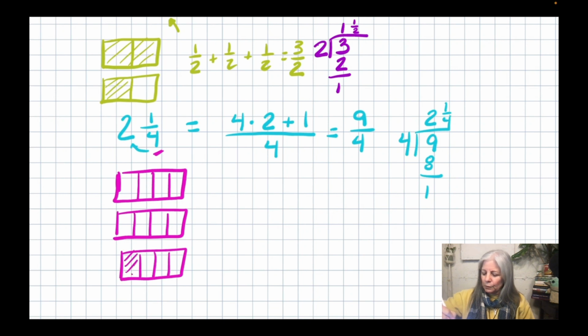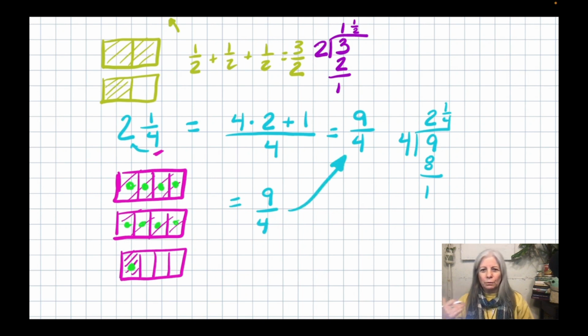So it's 2 wholes plus 1/4. So you can count off all these pieces and you're going to see, let me go ahead and highlight them. 1, 2, 3, 4, 5, 6, 7, 8, 9 fourths. So this is equal to 9 over 4, which is what we got right here.